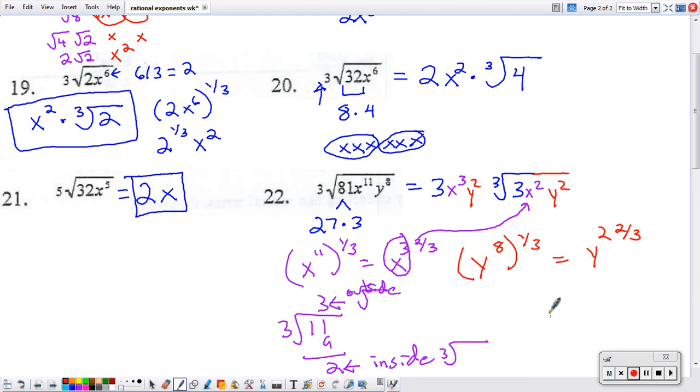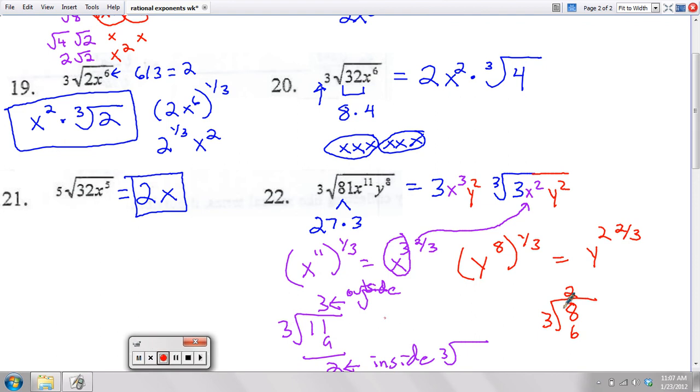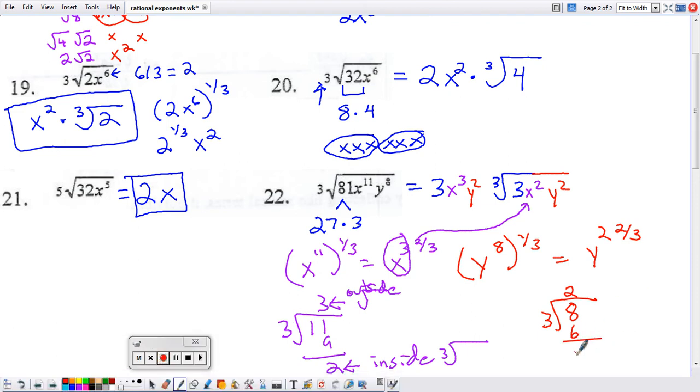Another way to think about it is to say, okay, I have 8. I'm looking for groups of 3. That goes in 2. I have 2 left over. This is what's going outside the radical, y to the 2nd. And inside the radical, I still have y squared.